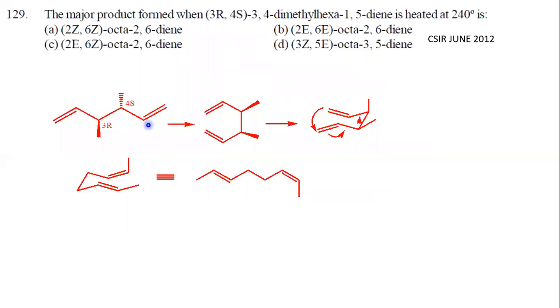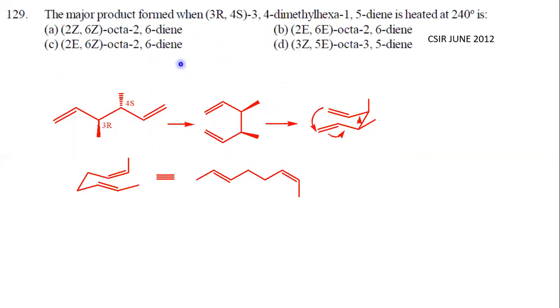So also 4S. When you bring the reacting sp2 carbons to close proximity, I need to rotate one of these bonds about 180 degrees, so that the methyl which is below here comes below.